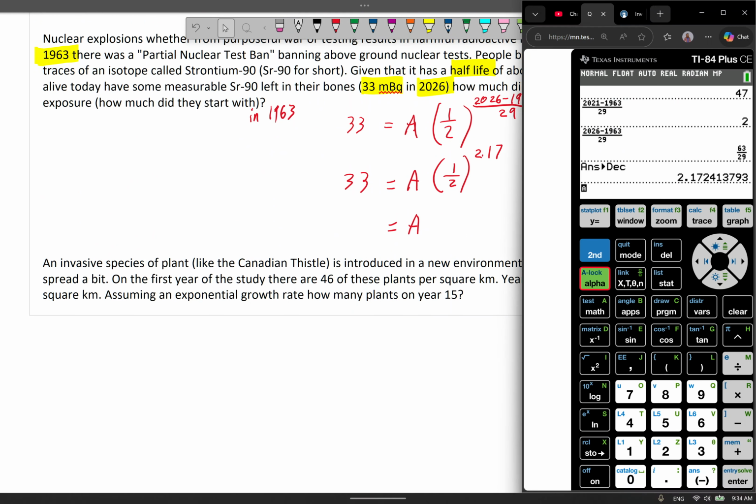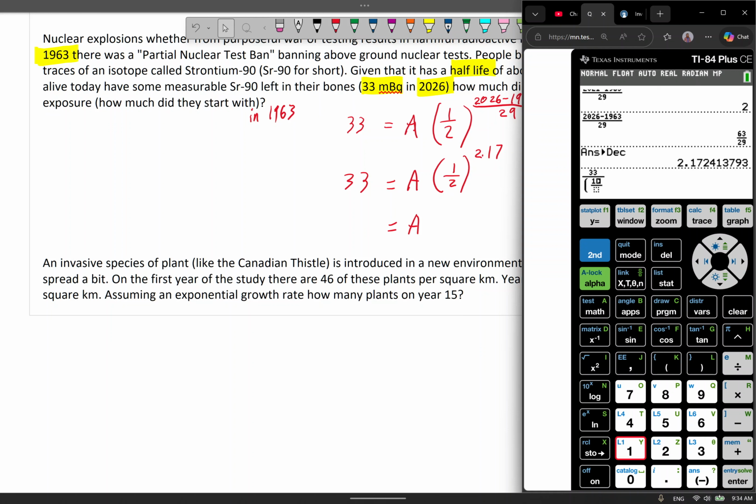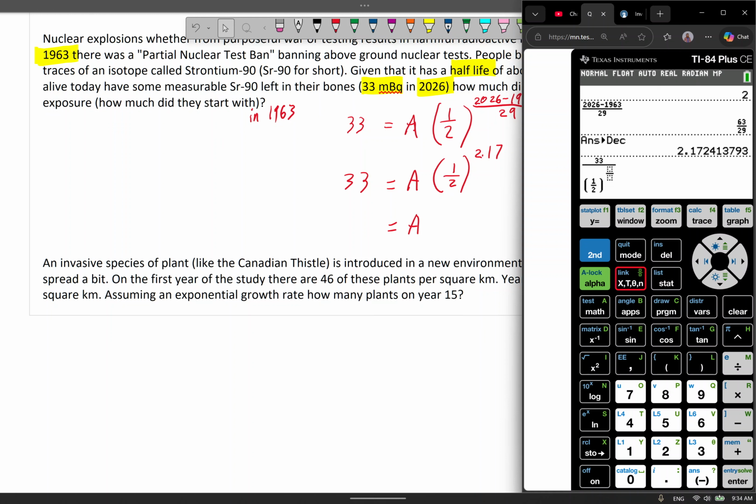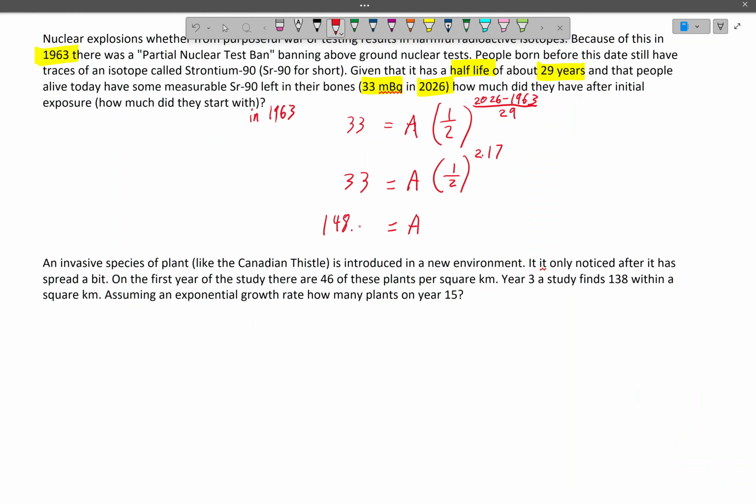So it's going to be 33 divided by a half-life of, and then I can make that 2026 minus 1963 over 29 to make sure it's a nice perfect result without any rounding errors, and I get 148.75. Let's just round up because there's no rounding descriptions in this question. So let's just leave it there.